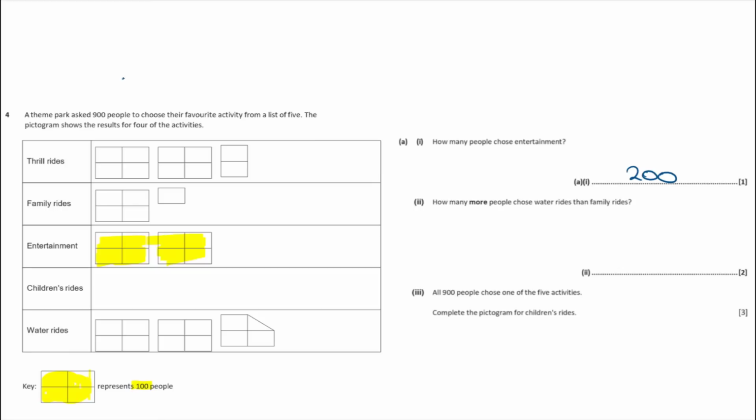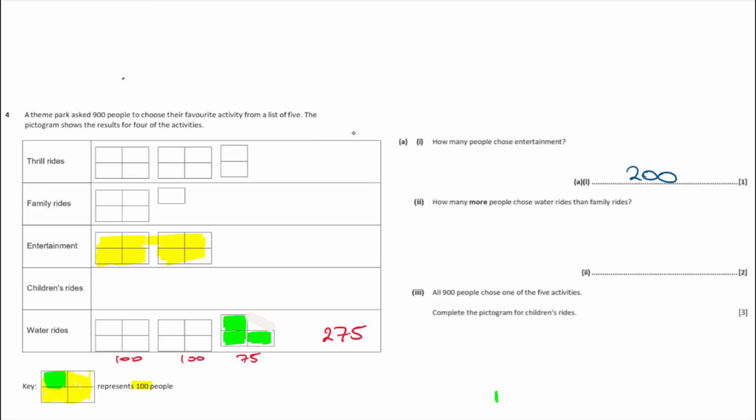So if each grid is worth 100, then one of the cells within that grid is worth 25. It came out weird when I printed it, so it's actually just 3 of those things: 25, 25, and 25. So that one there is worth 75, and that's worth 100, and that's worth 100. So altogether, that's 275, isn't it?